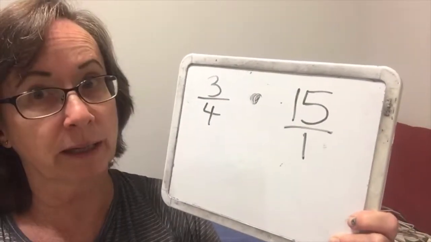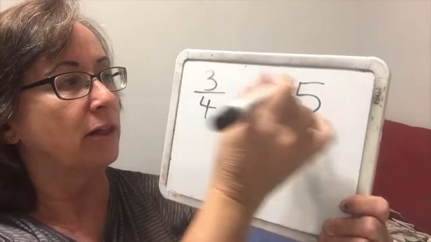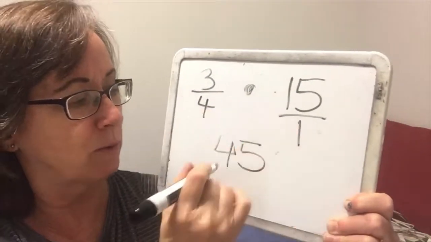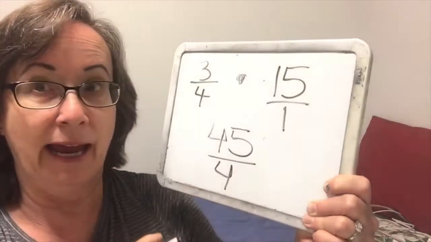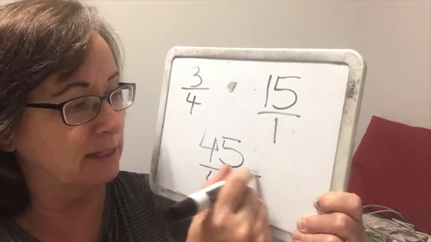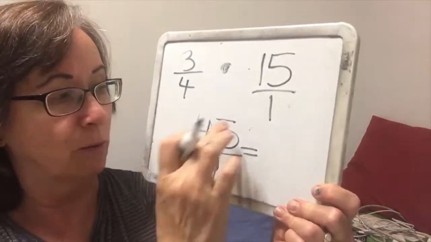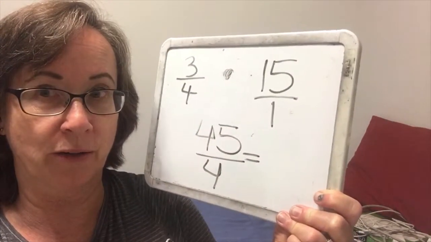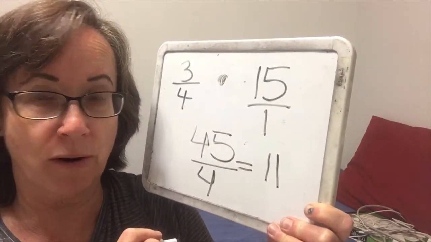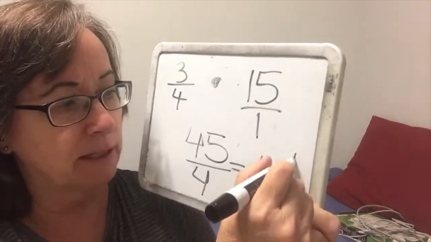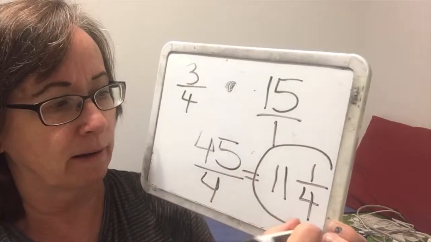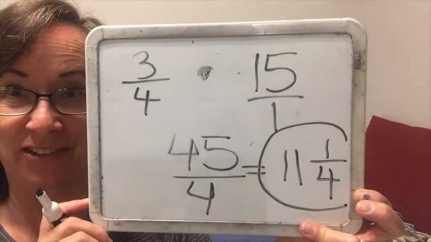So we're just going to multiply across the numerator. 3 times 15 is 45, and 4 times 1 is 4, and then I have to find the mixed number that is equivalent. So 45 divided by 4 goes 11 times. Because 11 times 4 is 44, we have 1 left over, so it will be 11 and 1/4. And that's the answer to that one.